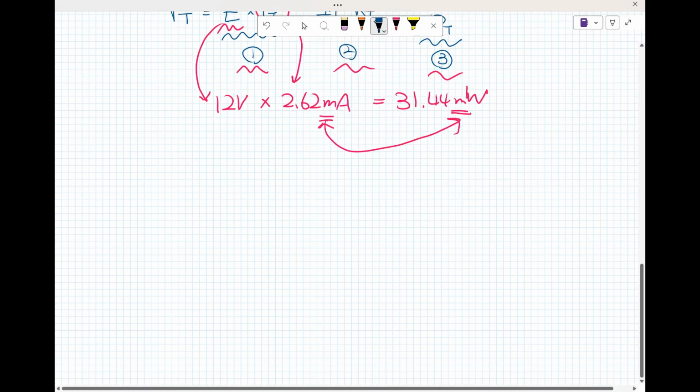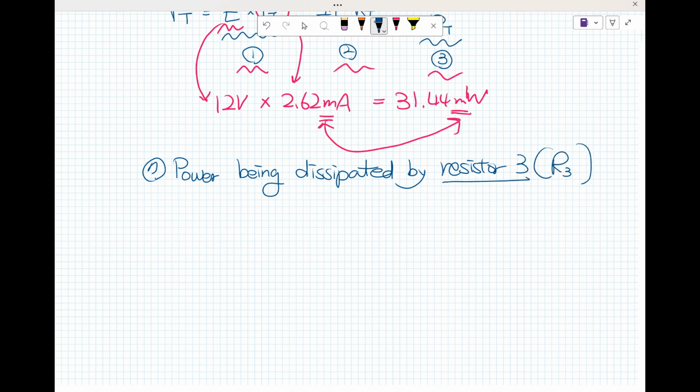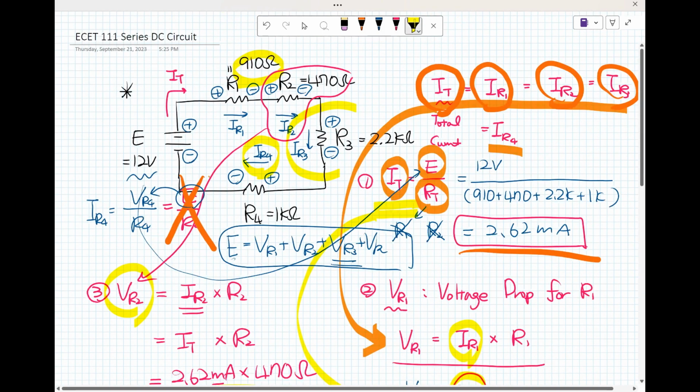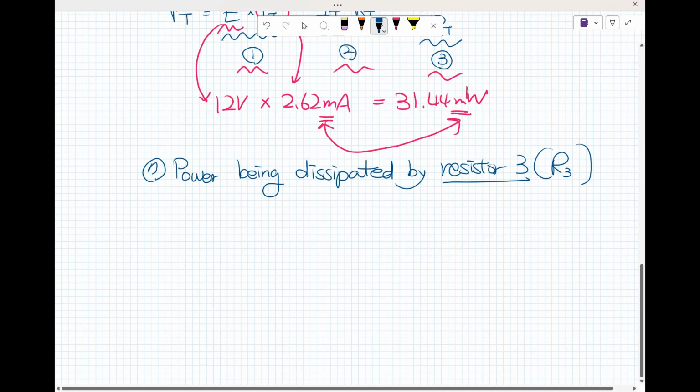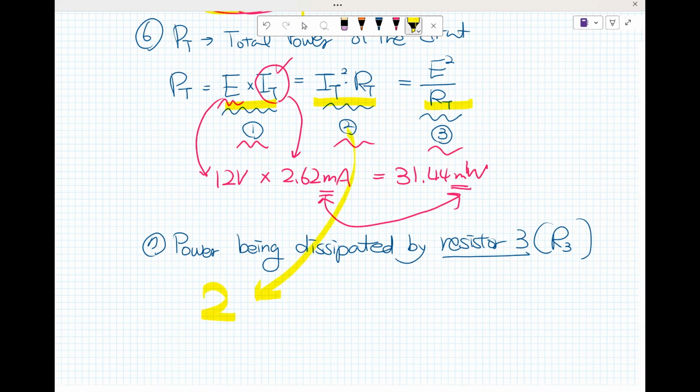All right, any questions? So number 7 is, what is the power dissipated by resistor 3, R sub 3? We know I sub R sub 3, and we know R sub 3. There are three options, but I want to choose number 2.